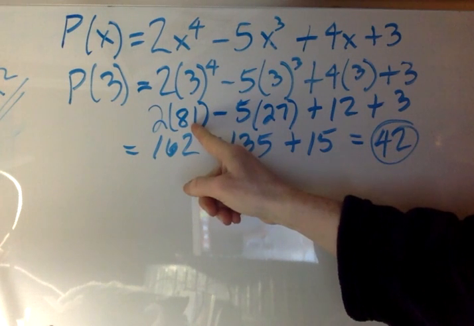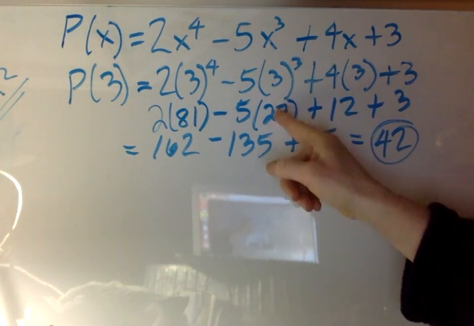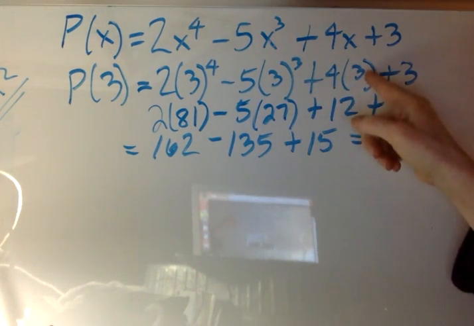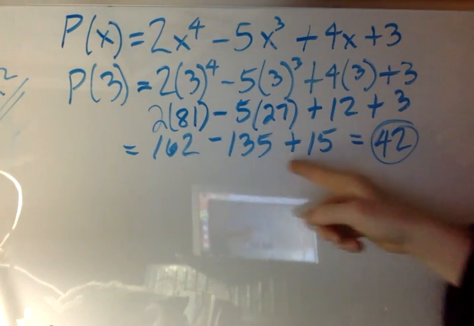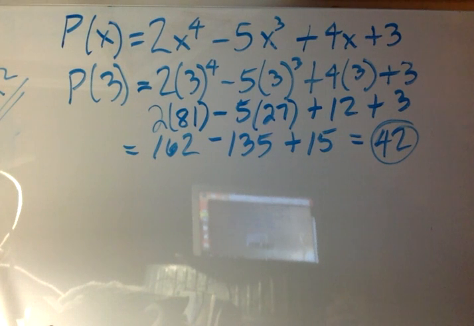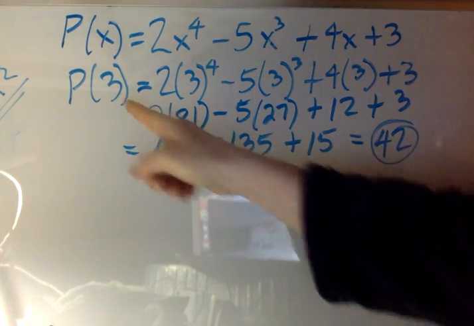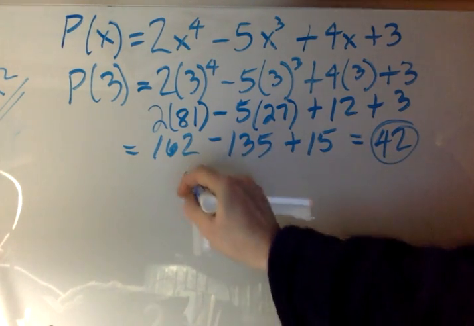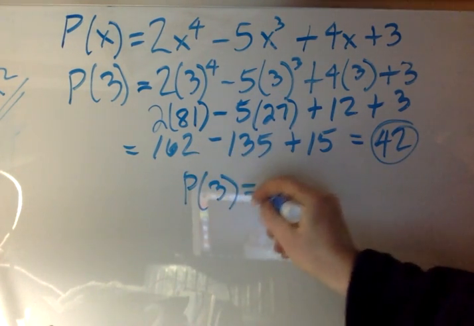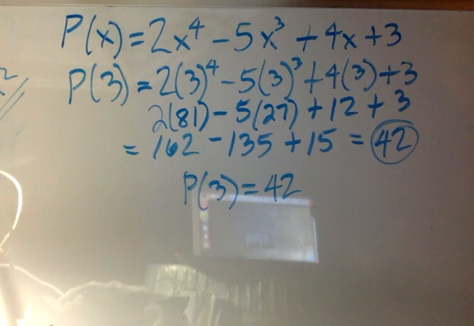This will give me 2 times 81 minus 5 times 27 plus 4 times 3 plus 3. And it ends up equaling 42 when we're all done. So P of 3 is actually equal to 42. I'll put that over here. I'm going to have you try the next one, P of -1, on your own.